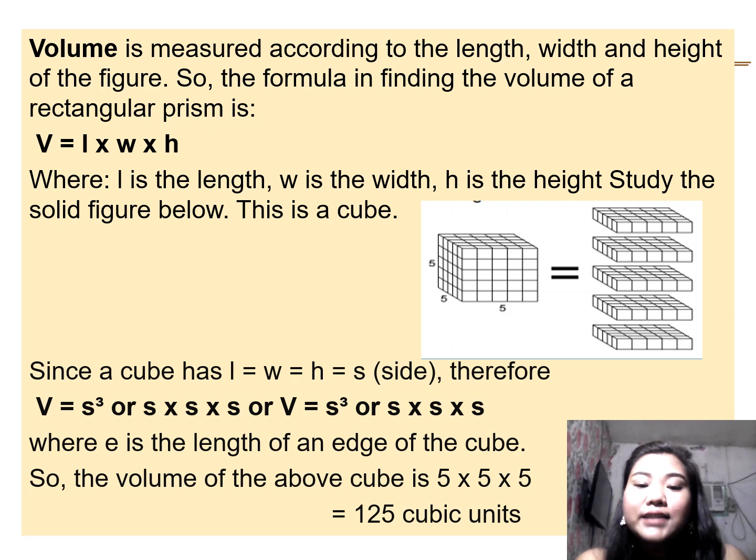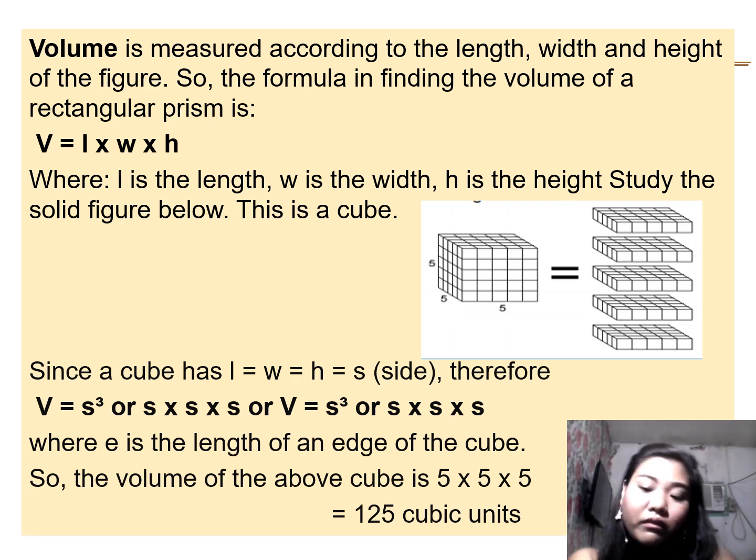Since a cube has length equal to width equal to height equal to S, we do not use length times width times height. Instead, we use the symbol S, which is side. Why side? Because each side of the cube is equal.